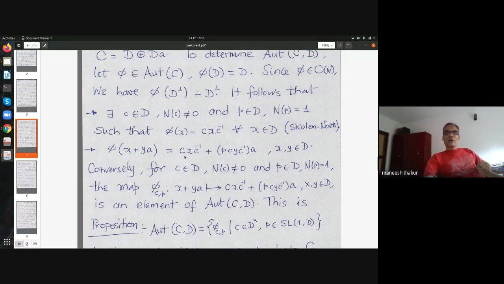So this is now complete in the sense that the converse also holds. I have not written down the details, but if you take an arbitrary invertible element in D and an arbitrary norm 1 element P, then this formula defines an automorphism. So all automorphisms look like this, and anything like this is an automorphism stabilizing D. So this gives us an embedding of D star modulo center cross SL1 D inside the automorphism group.